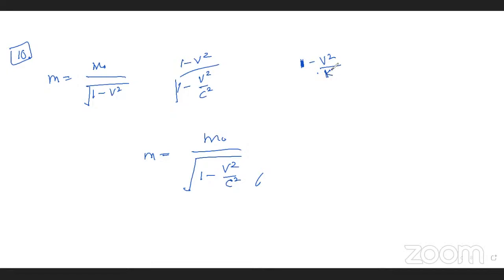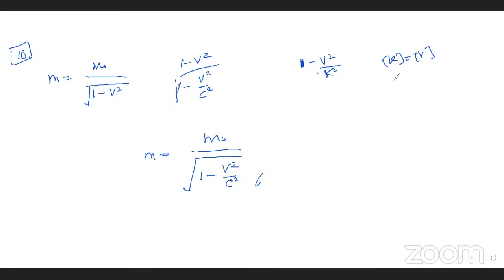Let's say it is k, and you divide by k square. Then this becomes dimensionless. So k has the dimensions of v, but it's not the same v. Otherwise the equation would change to 1 minus 1. So k means a different quantity, but it has the same dimensions as v.